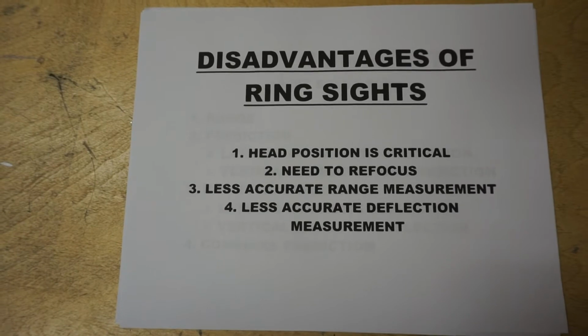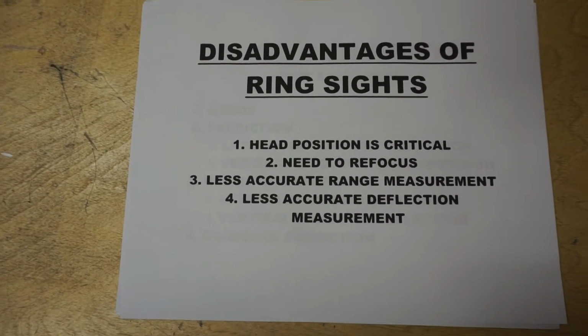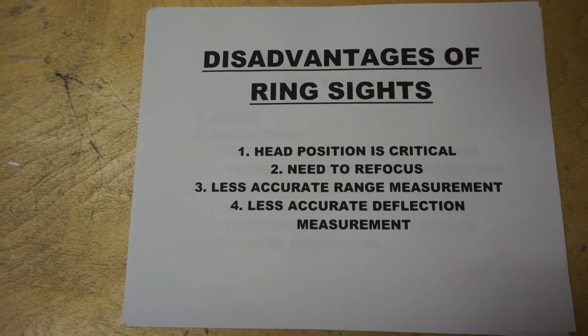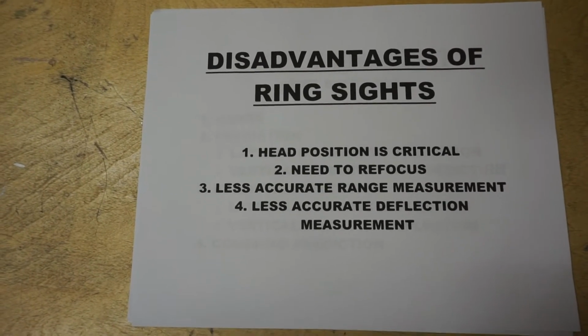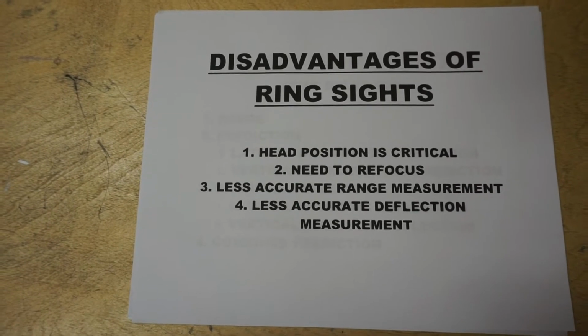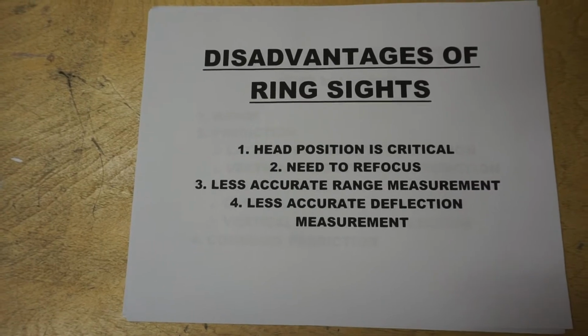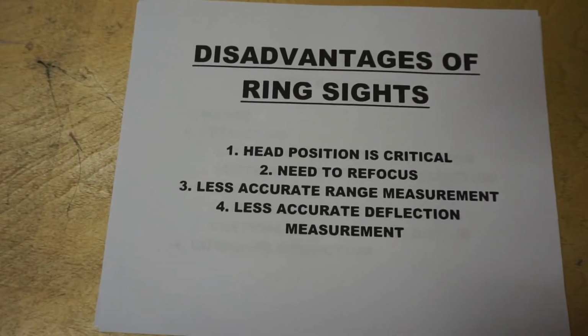And it made it much easier to estimate range and deflection because of that. Also, because the image was essentially broadcast out to infinity, there was no need to constantly refocus near and far. You only needed to look at the image that was being sent out and put that on the target.